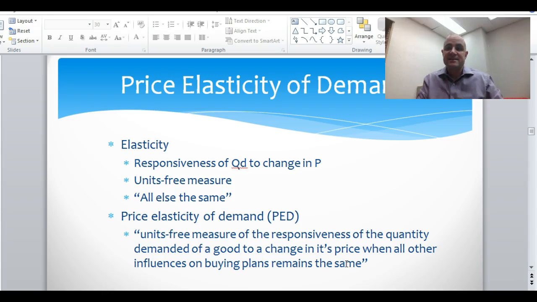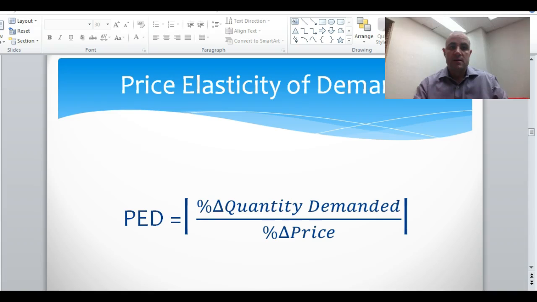So price elasticity of demand is a measure of sensitivity or responsiveness of demand to changes in price. It's calculated as the absolute value, we'll talk about that in a second, of the percentage change in the quantity demanded divided by the percentage change in the price.